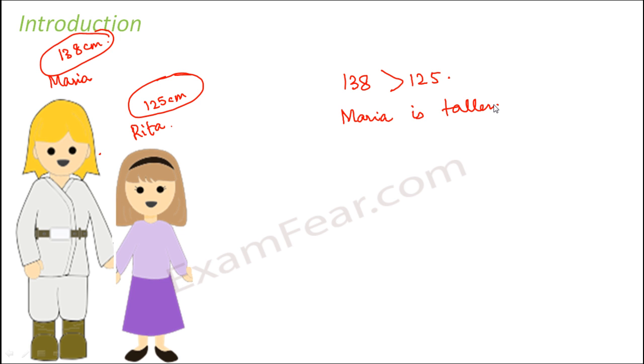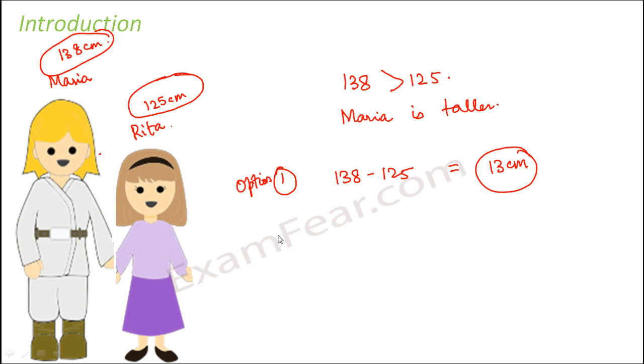One way is you find the difference, that is 138 minus 125, which is 13. So you say that Maria is 13 centimeters taller than Rita. So that's one way of comparing Maria's height with respect to Rita.